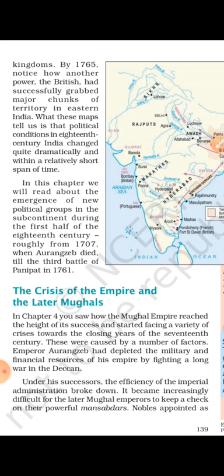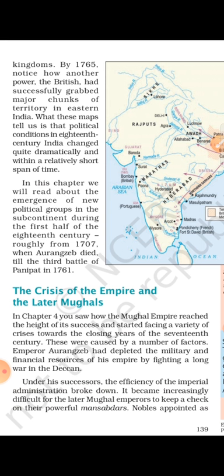Earlier he was fighting with the Jats, and after the Jats, the Marathas, Shivaji had created a problem for him. So that is the long period of time in the Deccan. Under his successors, the efficiency of the imperial administration broke down.